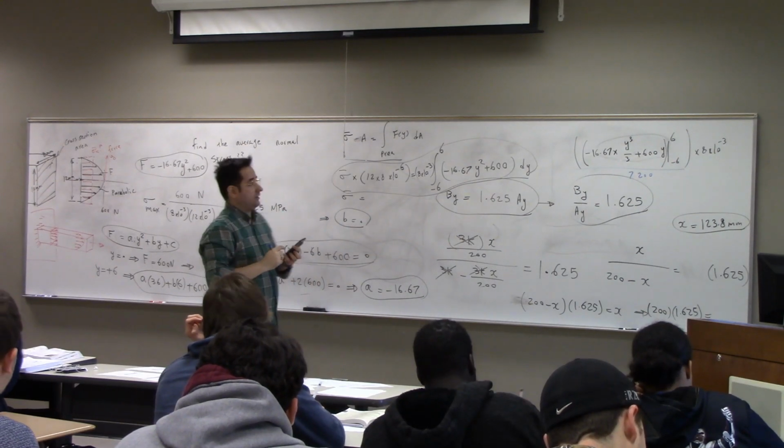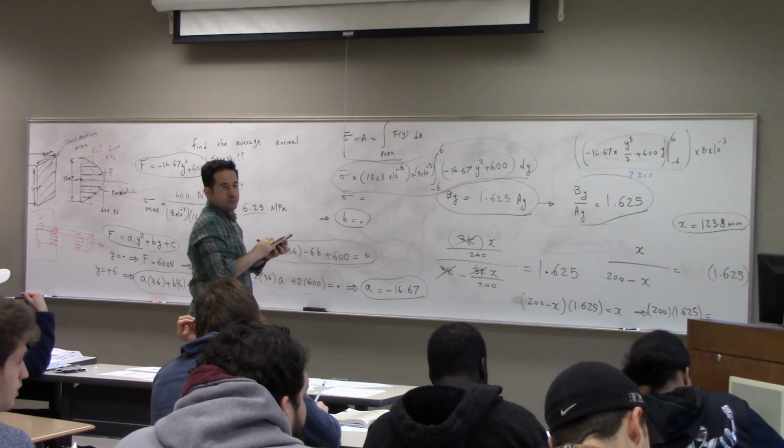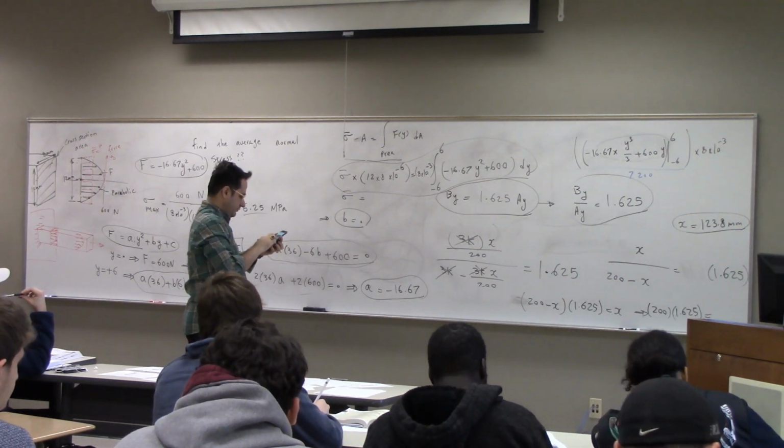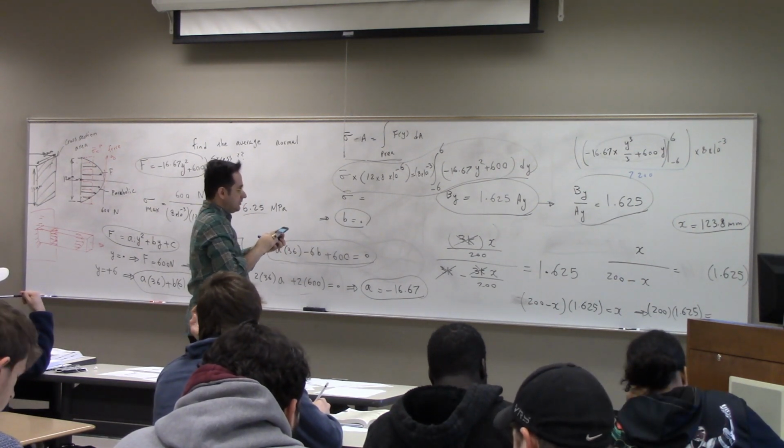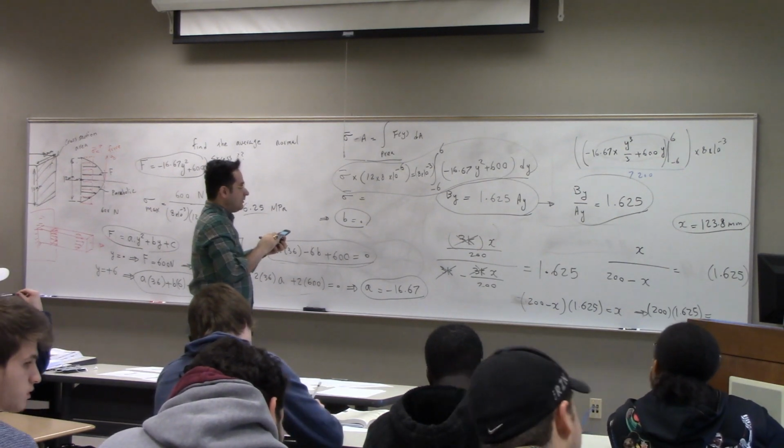Maybe it's right, maybe it's wrong. Let me do it one more time. That's what I have. Maybe it's right, I don't know. Let me do it one more time. The Casio has an integration function. That's what gets me.